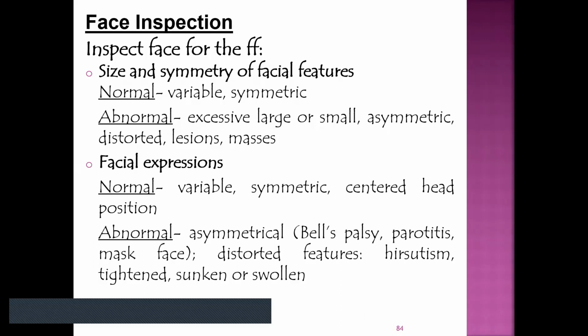What is not normal, in the case of Bell's palsy, parotitis, and mask face, is asymmetrical facial expressions and distorted features. We have hirsutism, and tightened, sunken, or swollen facial expressions. So please take note of these diseases, and you might want to look at them further.